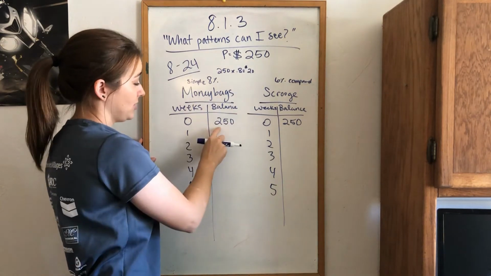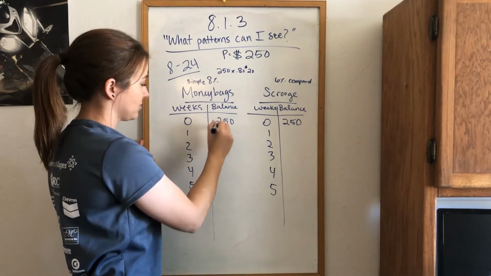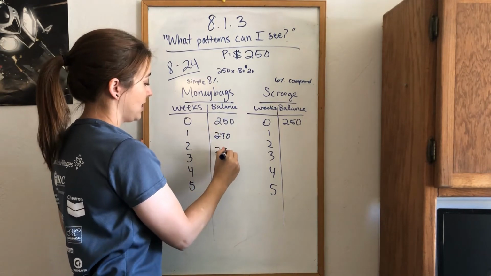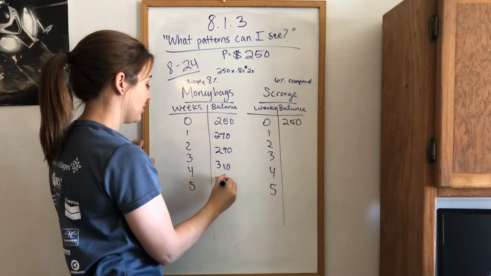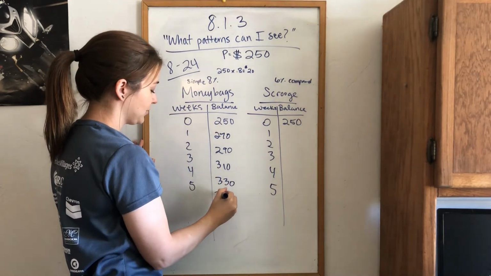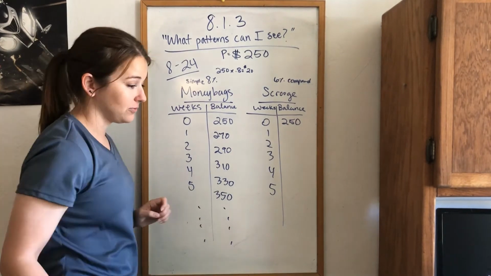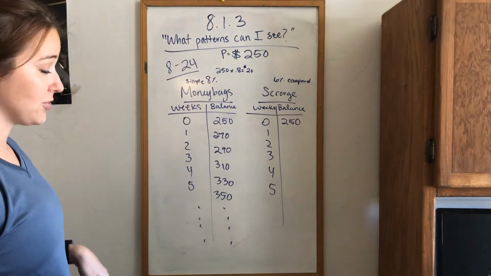That's the rate. Every single value is going to go up by 20. So 250 plus 20 is 270, 290, 310, 330, 350, and so on to 12. So there's Moneybags, first 5.